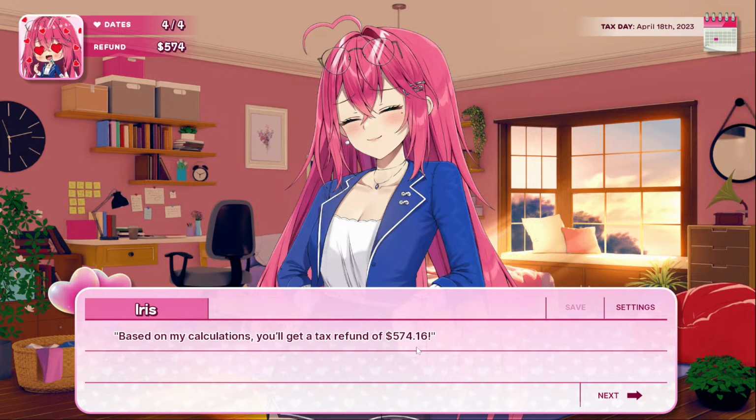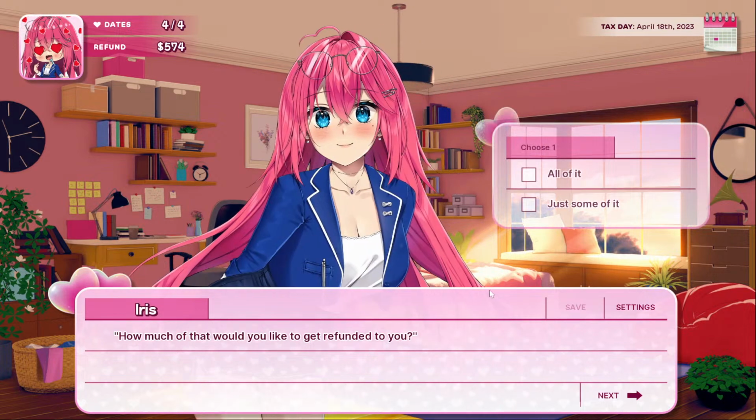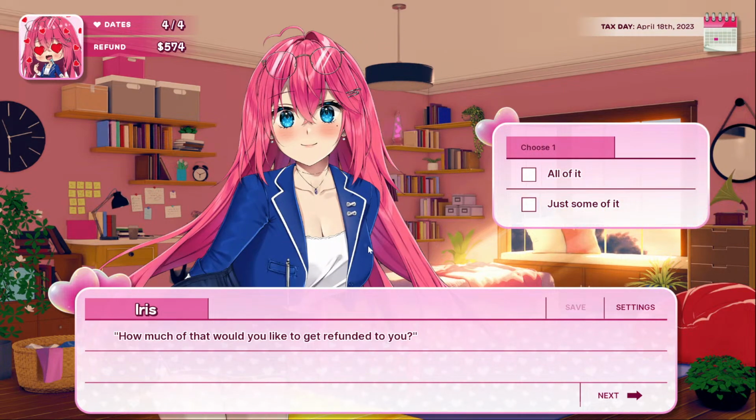Wait, that was the withdrawn thing, right? Can you show me the calculation? How much would you like to get refunded to you? Yeah, let's just get some, not all of it.